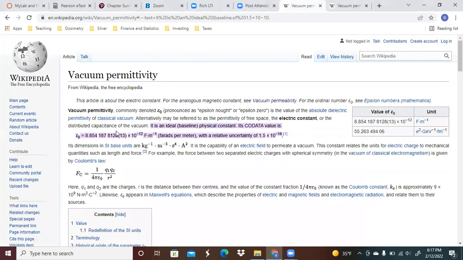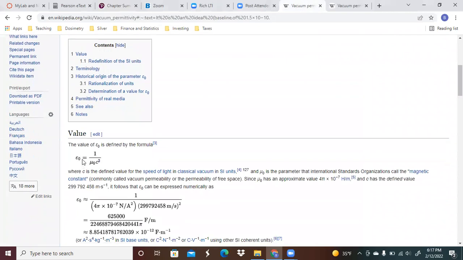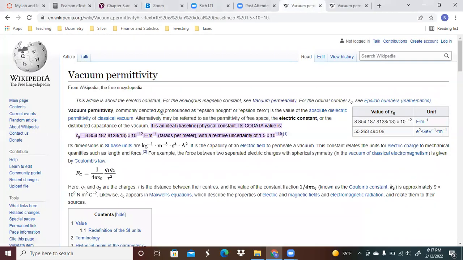Basically, when we say epsilon naught, we're looking at the absolute dielectric permittivity of a classical vacuum. It's basically the capacity of an electric field to permeate a vacuum. That's what this constant is dealing with. So epsilon naught, electric field, everything starting with E. How difficult is it for us to have an electric field that permeates a vacuum?